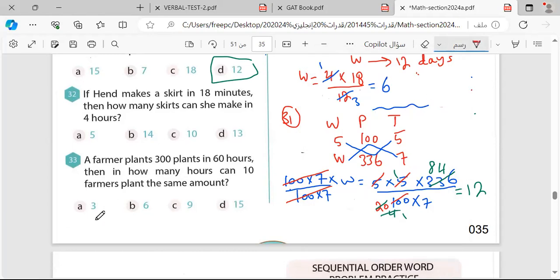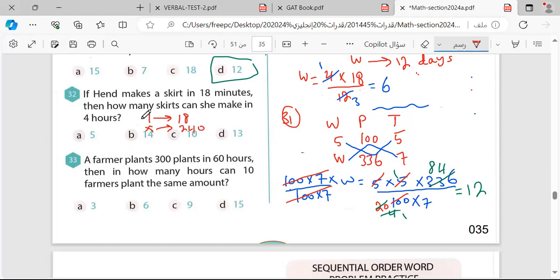Okay, number 32. If Hind makes a skirt in 18 minutes, and how many skirts in 4 hours? 4 hours, how many minutes? 240, right?